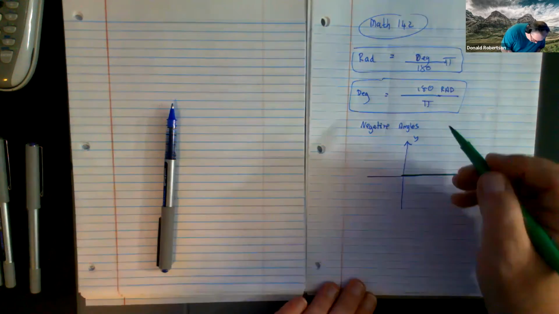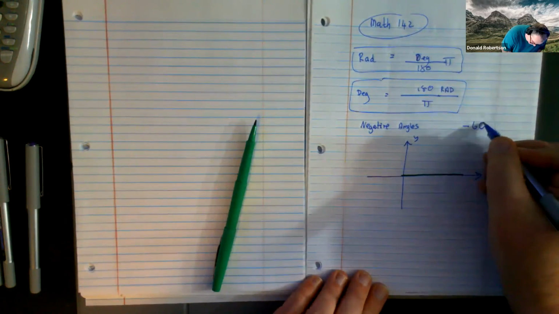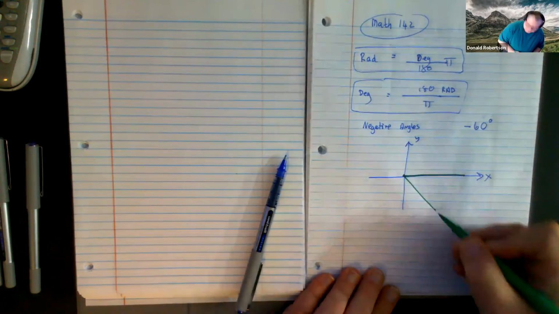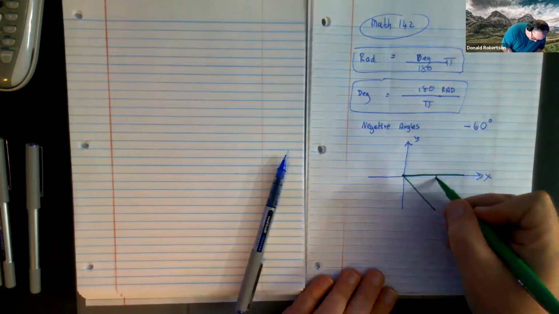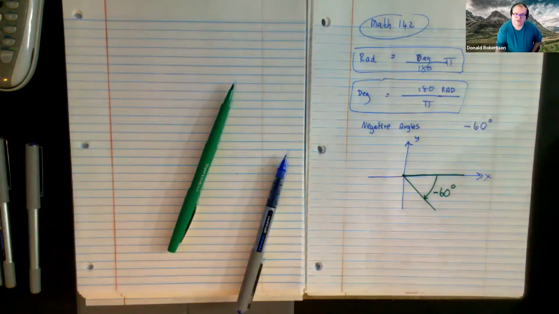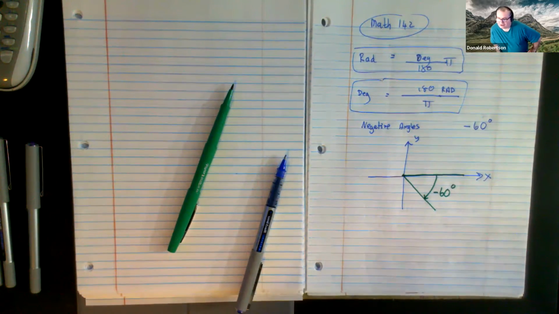And we normally go in an anti-clockwise direction to get our second one. But if someone wanted to do a negative 60 degrees, it would be down here, and it would be going, strangely enough, clockwise by 60 degrees.